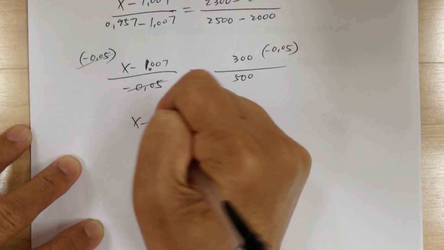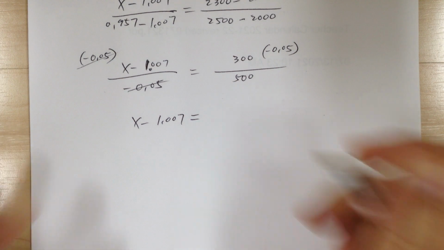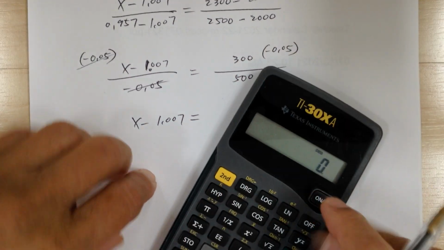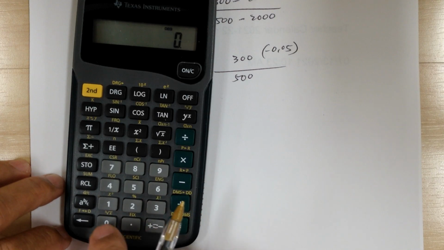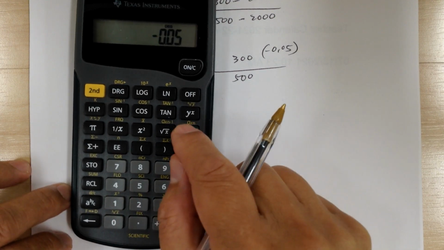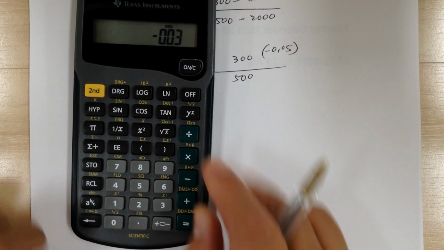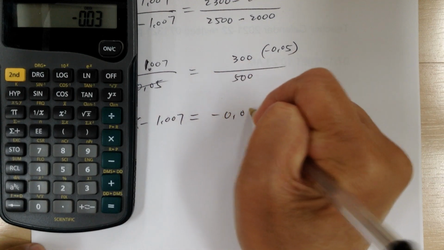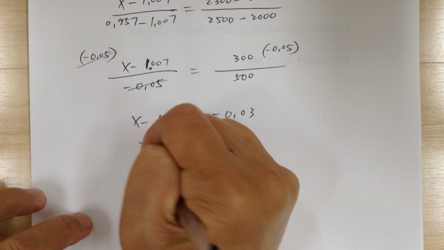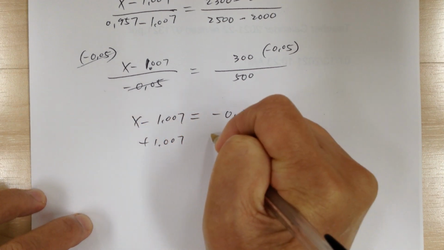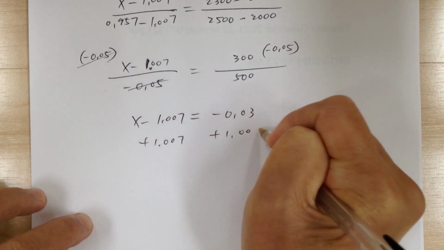So you get x minus 1.007 equals 300 times negative 0.05 divided by 500, which equals negative 0.03. Then after that, you add 1.007 to both sides.